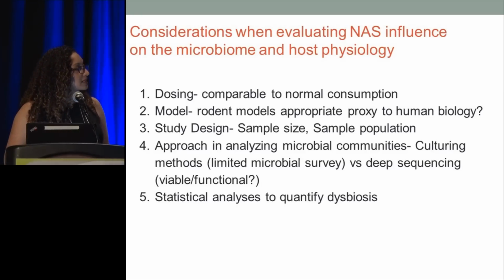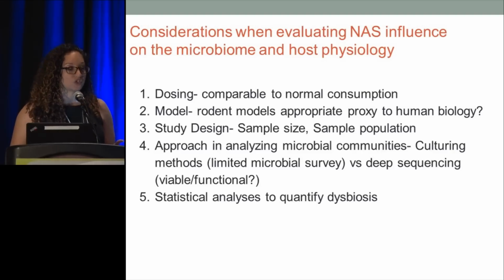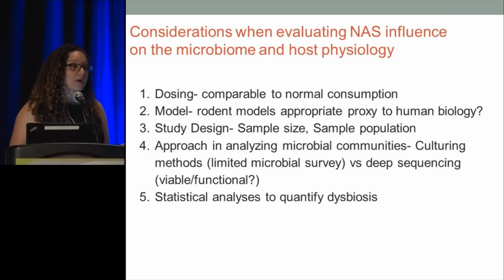Both culturing techniques and qPCR provide a limited microbial survey of the total community structure. Therefore, I suggest if one is interested in looking at the totality of the microbial community and how it's affected by artificial sweeteners, one should use deep sequencing and analysis.